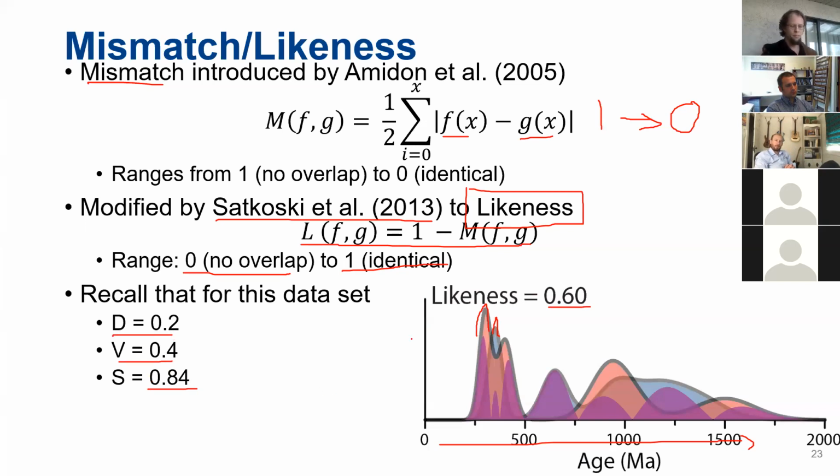So the same data is giving us slightly different values, suggesting that we can't really compare a 0.6 likeness for these two sample sets to a 0.6 similarity for another two sample sets. If you're going to compare your data, it has to be entirely internally consistent.